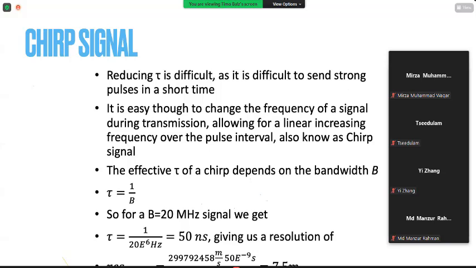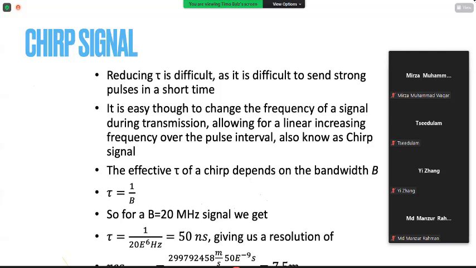we change the frequency of the pulse, and then when we receive the signal, we are just checking at which frequency did I receive the signal. And I know this signal is from the beginning of my pulse, when I first sent it out, and this one is from the end of my pulse, because it has a different frequency.